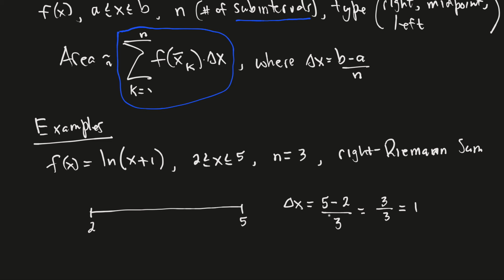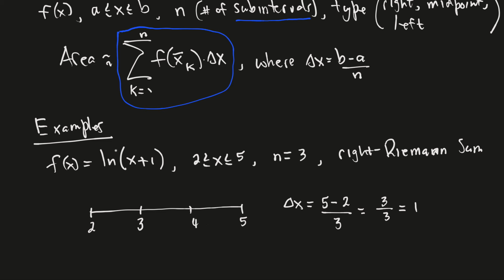That means we're going to break up the interval 2 to 5 into 3 smaller subintervals of length 1. So I'm going to go from 2 to 3, 3 to 4, 4 to 5. So it will look something like this. So this is the subinterval.